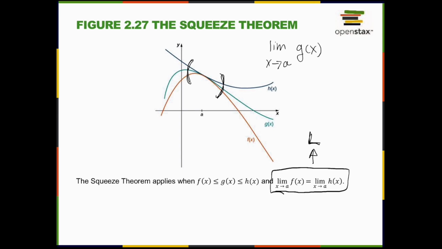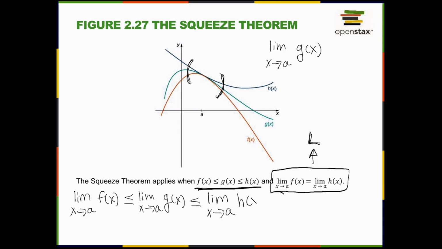So we know this to be a true statement, that g of x is between or equal to f of x and h of x on this interval that's close to a. Then I can say, if I take the limit of each piece of that inequality, the limit as x approaches a of f of x is less than or equal to the limit as x approaches a of g of x, which is less than or equal to the limit as x approaches a of h of x.